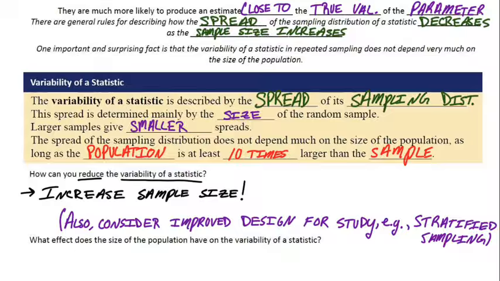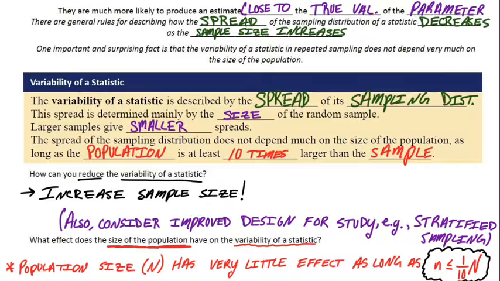And this piece right here: what effect does the size of the population have on the variability of a statistic? We just answered that. It actually doesn't have much, right? It has very little effect. The population size is capital N, and we can write it symbolically. We can just say, as long as the sample size, little n, is less than or equal to 1/10 of the population size, we really don't care much about the population size.